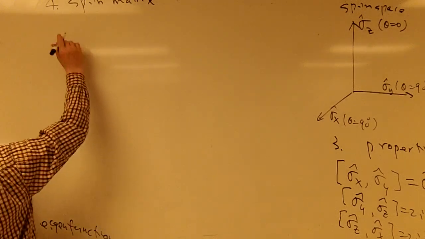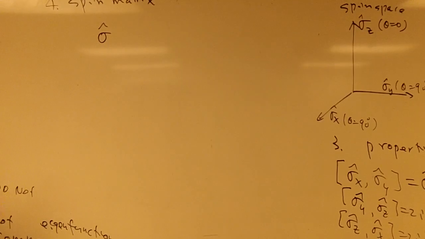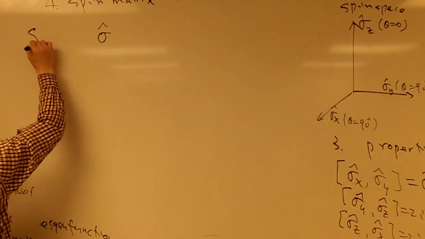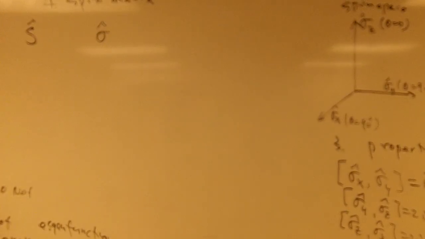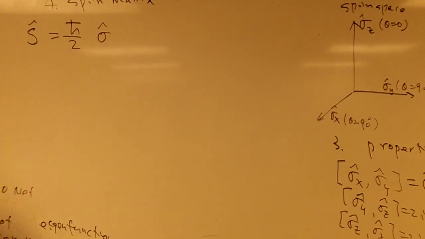The Pauli matrix, we use sigma hat to represent. The spin matrix, we use the letter S to represent it. Let's put the hat on top. And we have a ratio, h bar over 2.